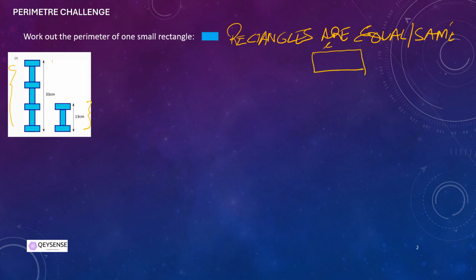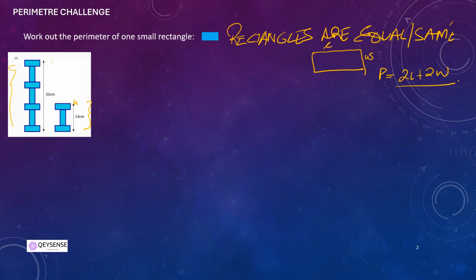Their long side is L, short side is W, and the perimeter is simply going to be 2L plus 2W. If we look at this diagram here, let's label each of these heights and lengths.